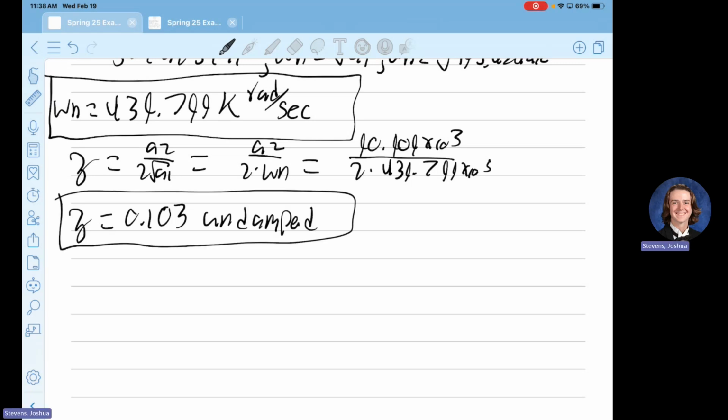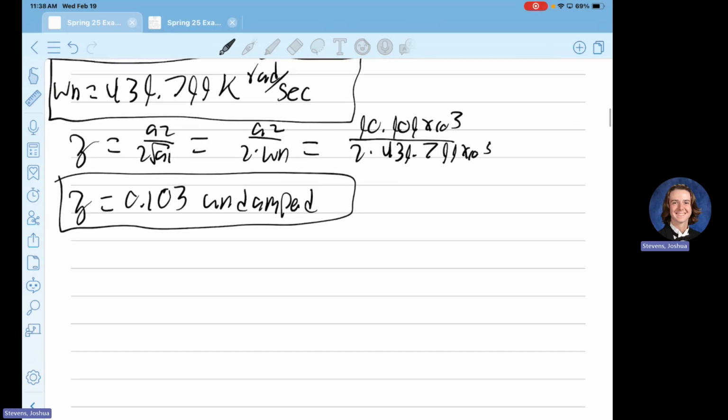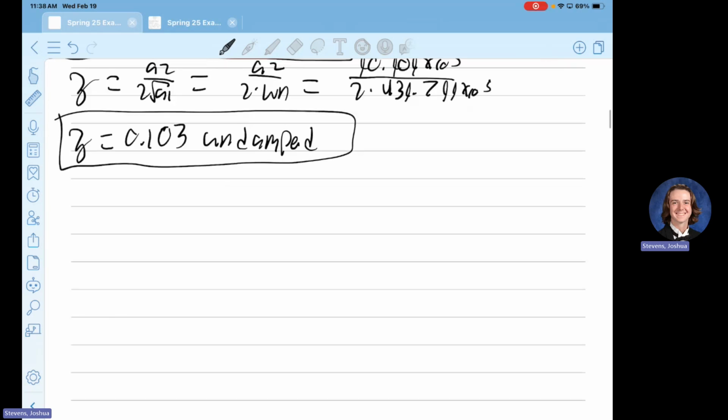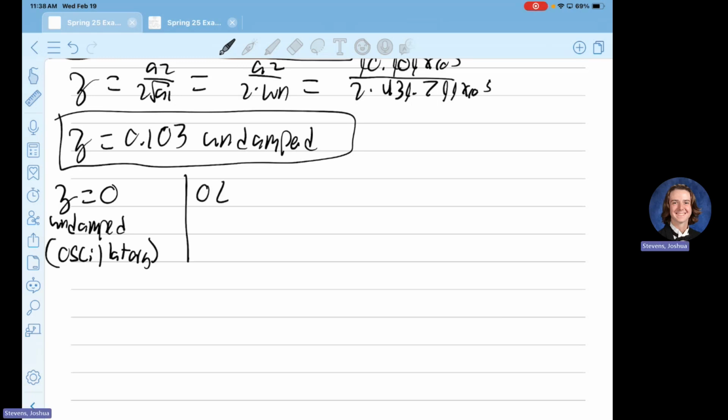I agree. I'm just going to write this out for everybody, and this is definitely important to write down somewhere. When zeta equals 0, it is undamped, also known as what he said in the problem statement, oscillatory. When zeta is between 0 and 1, not equal to 1 or 0, but in that interval, it is underdamped.